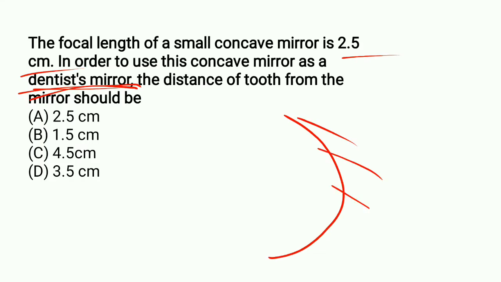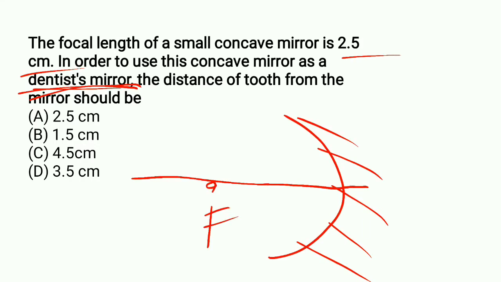This is a concave mirror, the dentist mirror. It is called a dentist mirror because it is used by the dentist. Now we have the focal length of the concave mirror, 2.5 centimeter. Let us suppose that here is the focus and this is the focal length, 2.5 centimeter.